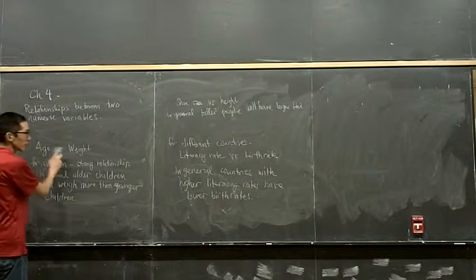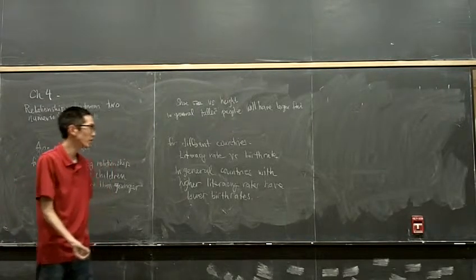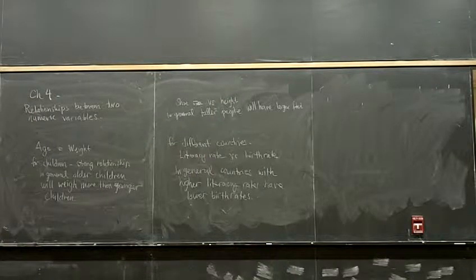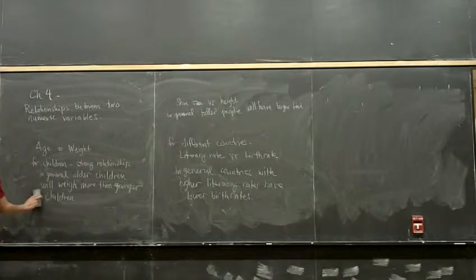These are just some examples of where we can look at relationships between two numeric variables. And all the stuff we're talking about today only applies when we're looking at two numeric variables.